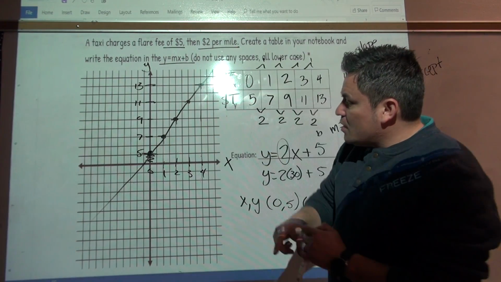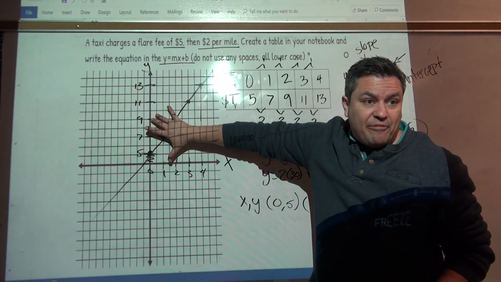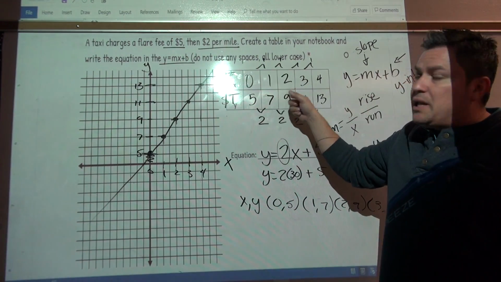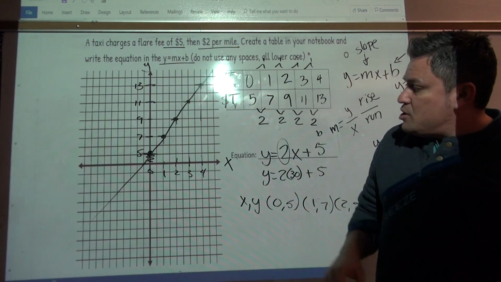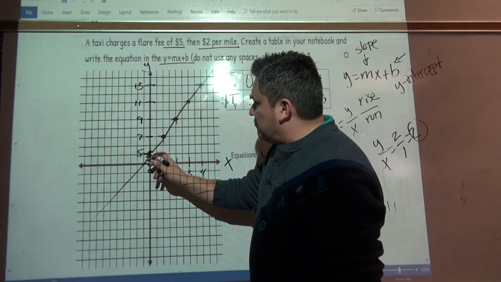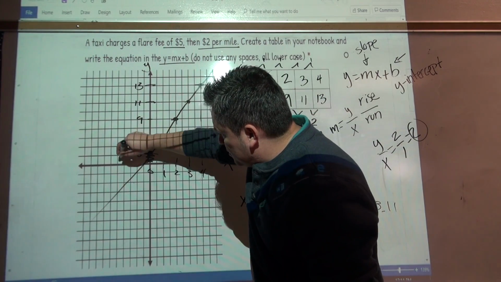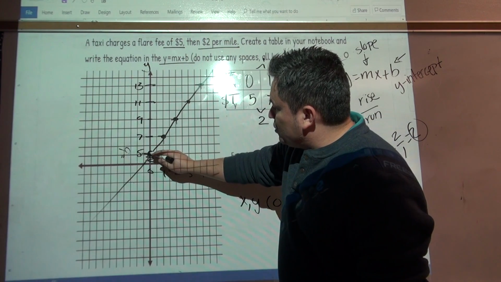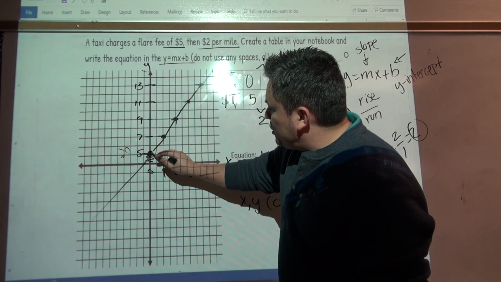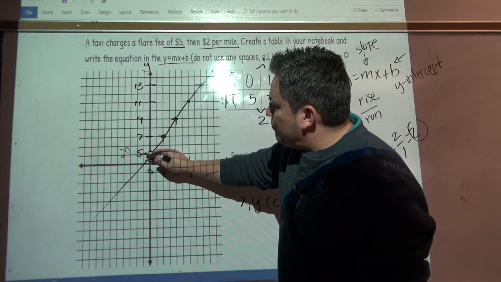Okay? Now, if you're given the graph by itself, you can fill in the blanks over here on the table. You can also write the equation. You can look at the graph and say, well, it crosses at 5, so this is my b, right there. And then from here to here, it goes rise over run. It goes up, how many did it go up? From 5 to 7.